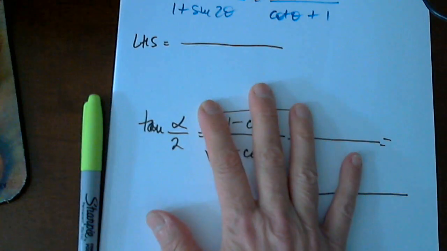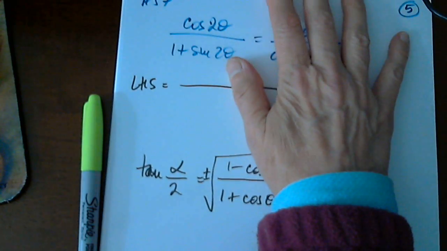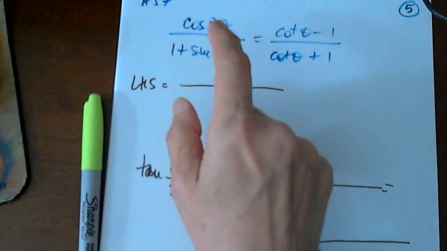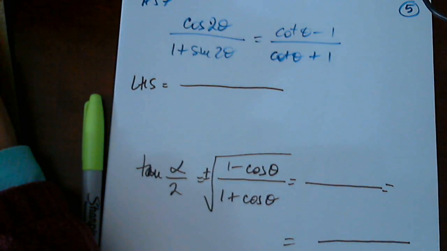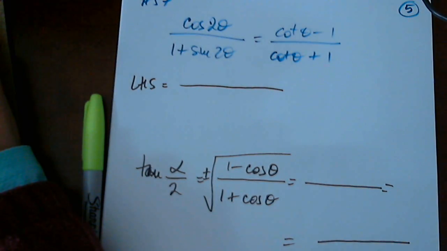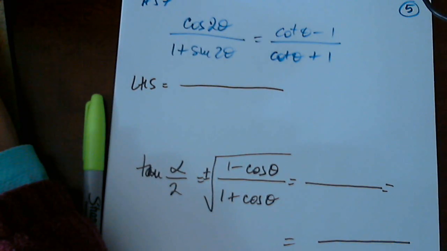How come? Because I was thinking, let me go back for a second. 1 minus cosine alpha and sine alpha in the denominator, I'm hoping that something like this will maybe have a connection.